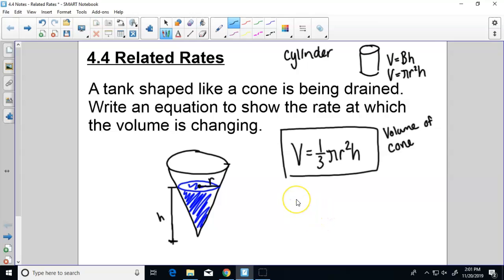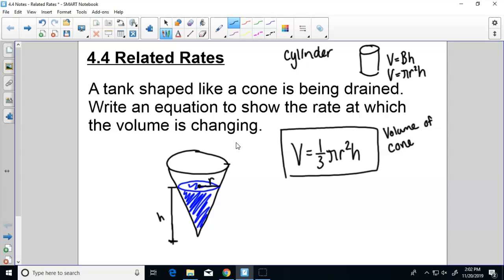So what we're going to be looking at is we want to know the rate at which the volume is changing. So what we have to do here is take the derivative of this equation. Because if we've got an equation for volume, if we want to find a rate of change for that, then we take the derivative of that formula.